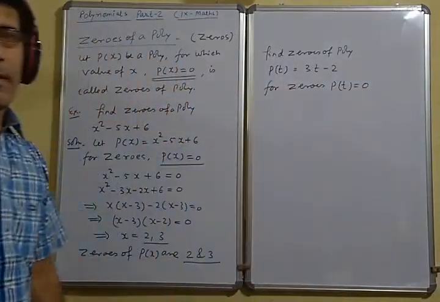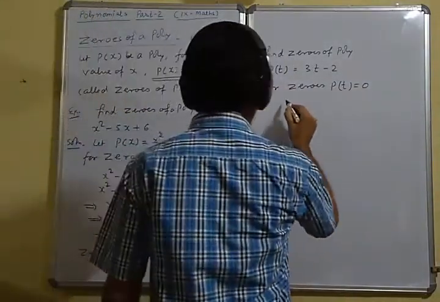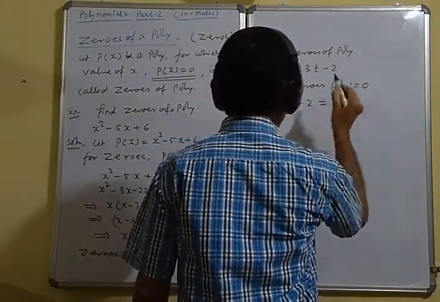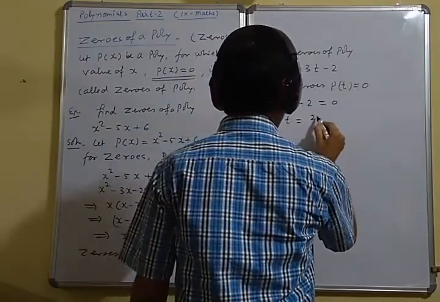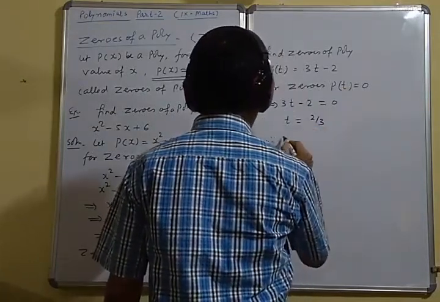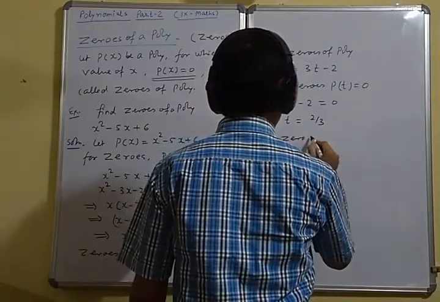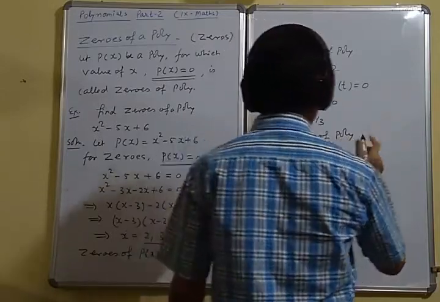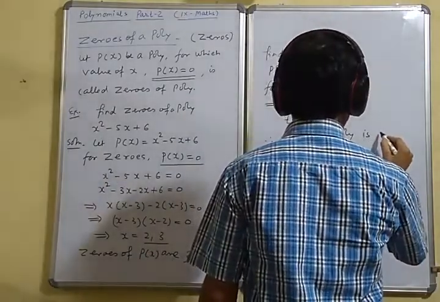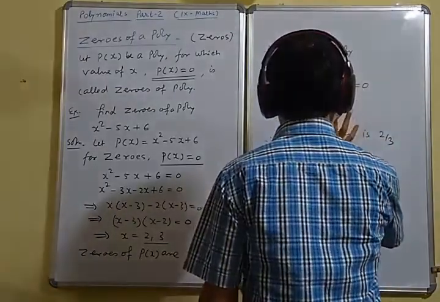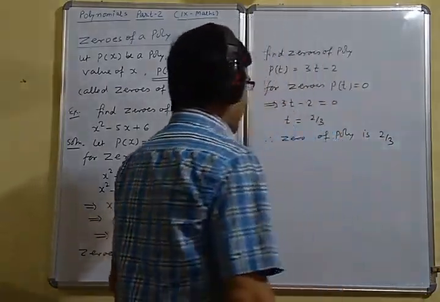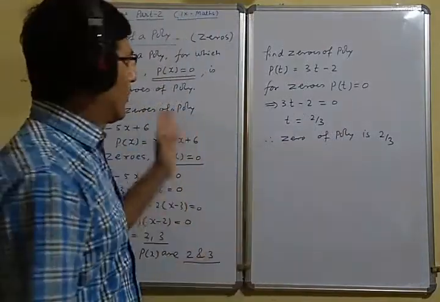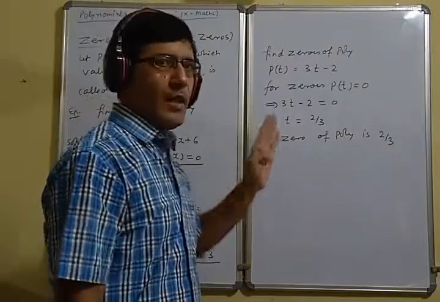So 3t minus 2 becomes 0, which implies t is equal to 2 by 3. Therefore the zero of the polynomial is 2 by 3. Here we get only one zero. So this is the zero of a polynomial.